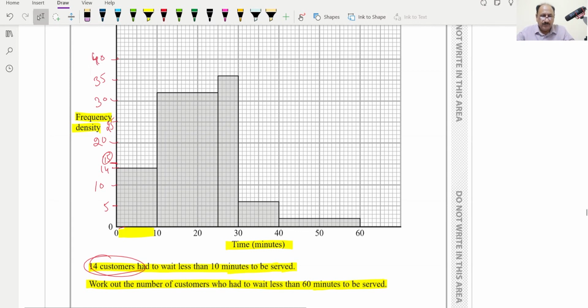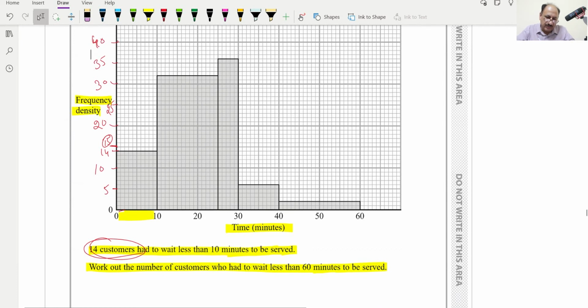Now we can check for this side. This is representing 14, as they have given the information. So we can take this 10 minutes as 1, because 14 multiplied by 1. If 10 is 1, then from here up to this one will be 1.5. So 1.5 multiplied by the height, which is 32. And this is 0.5, so 0.5 multiplied by the height, which is 36.